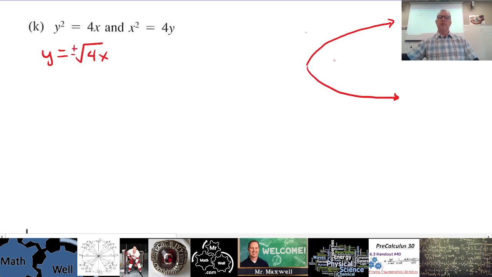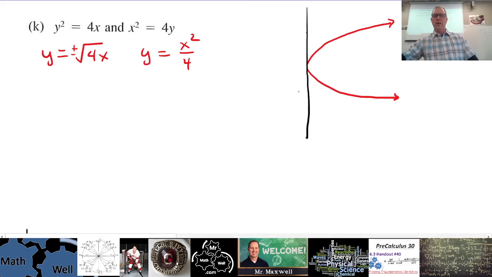That's where you get your sideways parabola from. You see, plus or minus. Now we might not have to use both of these, so we'll just see. But y here equals, what's that? X squared over 4, or 1/4 x squared. So 1/4 x squared is going to be sort of centered at the origin there. That's the red one.